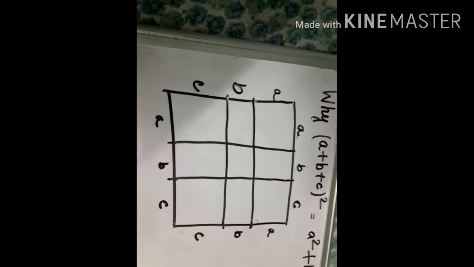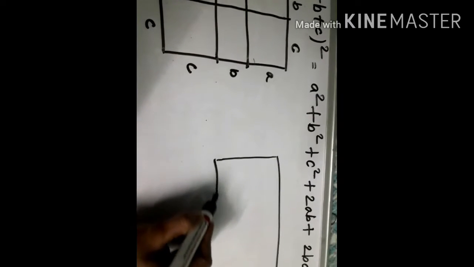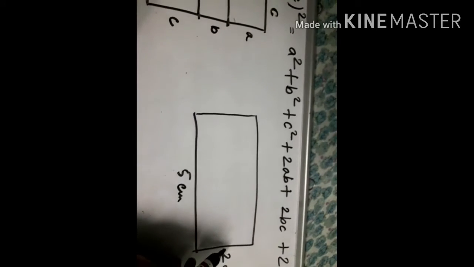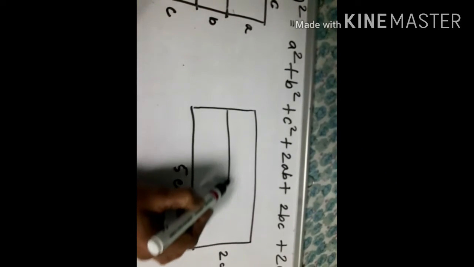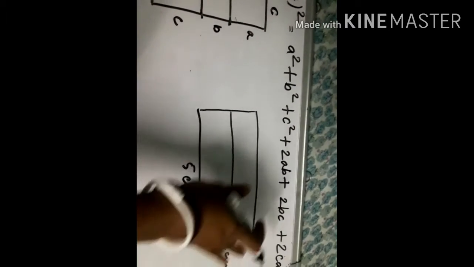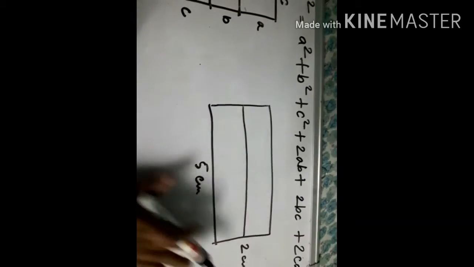See, if we draw a rectangle. Suppose this is 5 centimeter and this is 2 centimeter. 2 centimeter means 2 parts. 5 centimeter means, because I have to draw squares, how many squares?